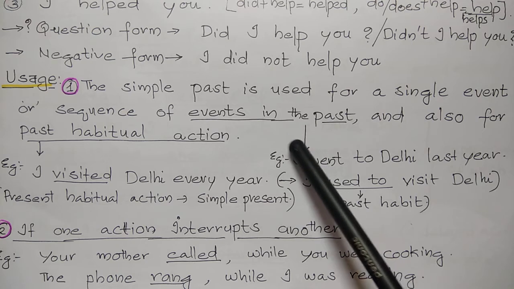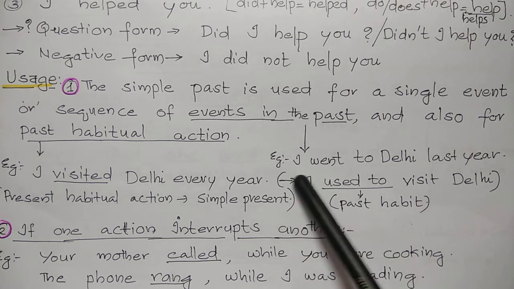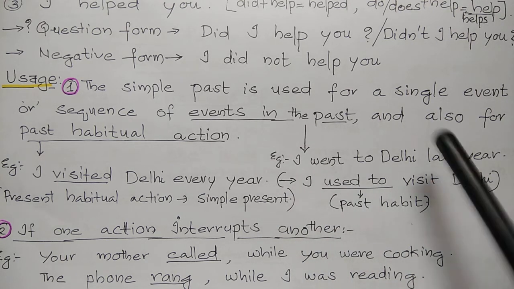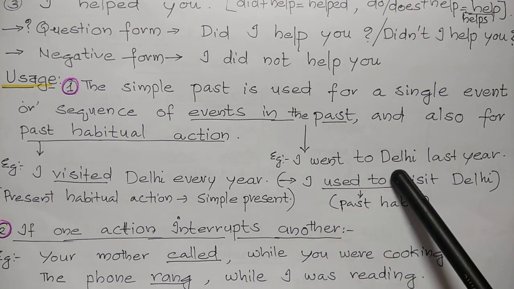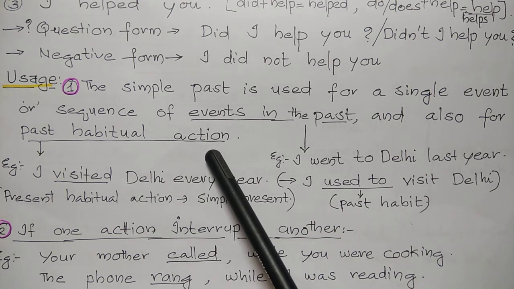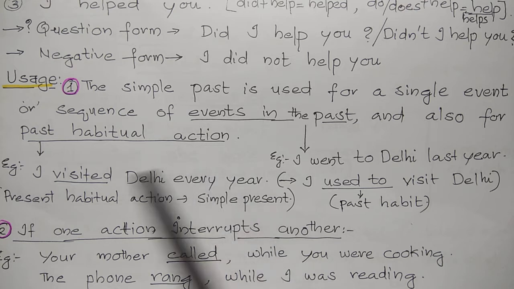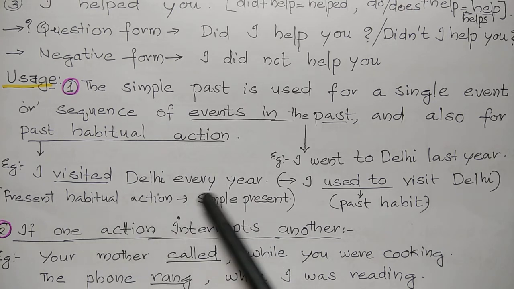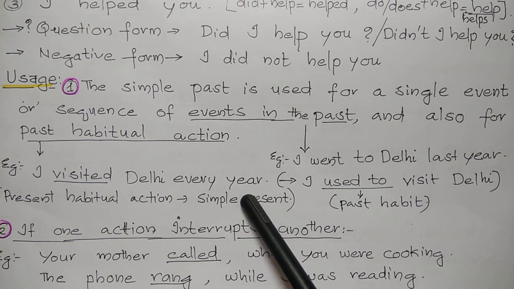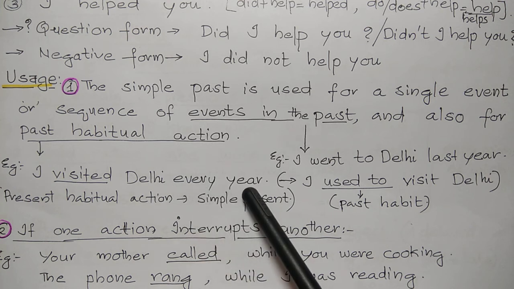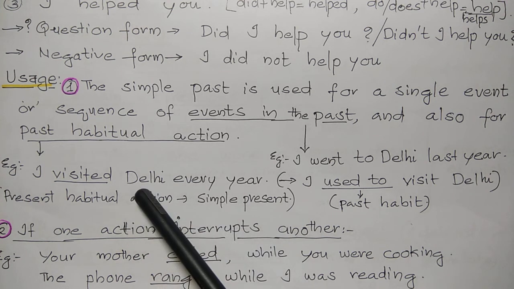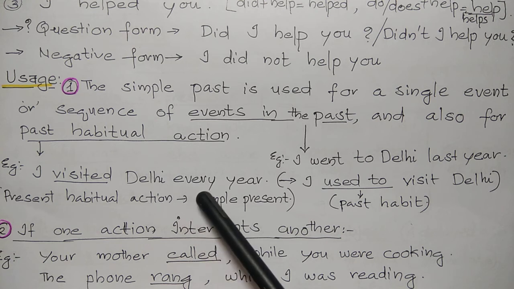This is an event that happened in the past. It happened last year. And also for past habitual actions. See this one. I visited Delhi every year. This is a past habit, but it is not a present habit.